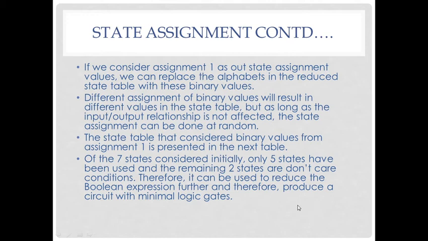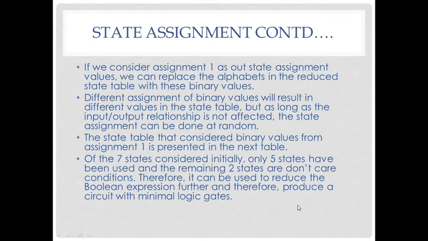Of the 7 states that we use, only 5 states are mandatorily required for my circuit to perform properly, right? So I have 2 states which I don't care about. These can be used to further reduce the Boolean expression. Sometimes this can result in a minimum number of logic gates to represent my circuit.